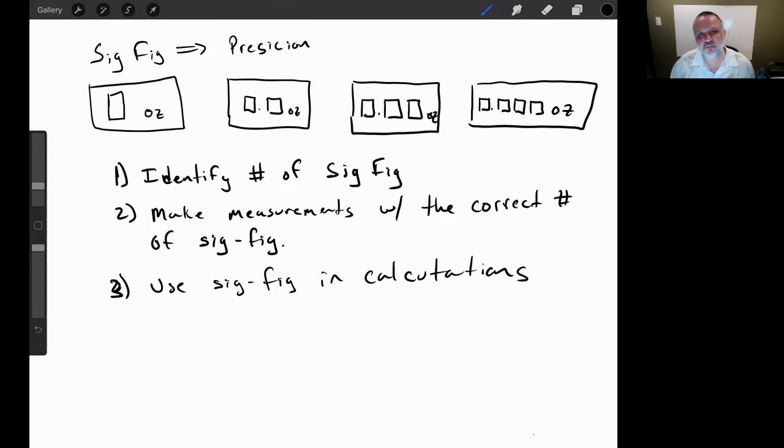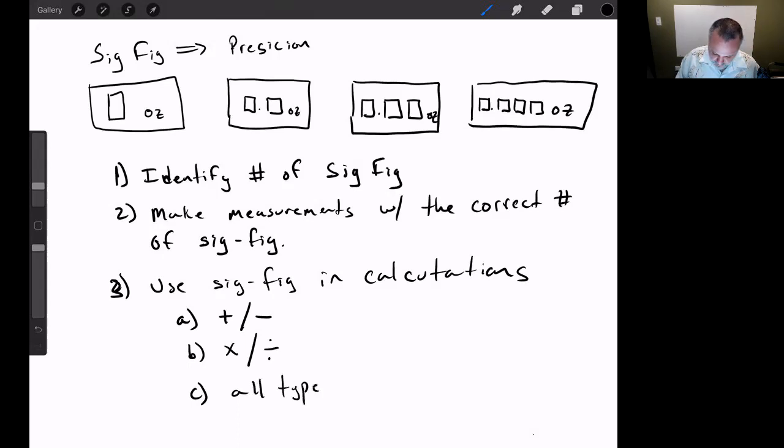And there's going to be three situations that we have to work with when it comes to calculations: the situation when we're doing addition and subtraction, the situation when we're doing multiplication and division, and the situation where we do combined, all types combined.